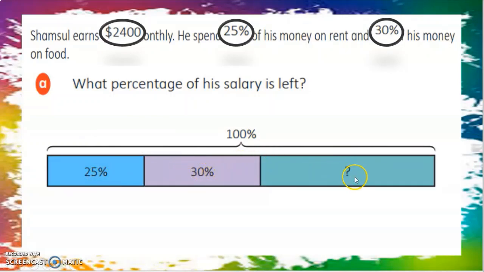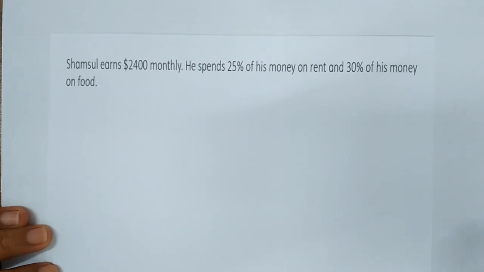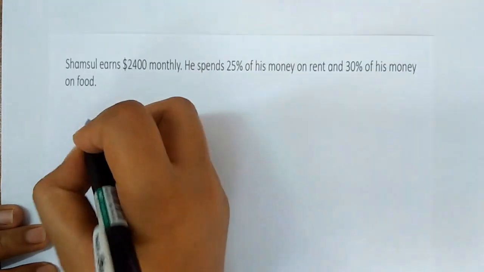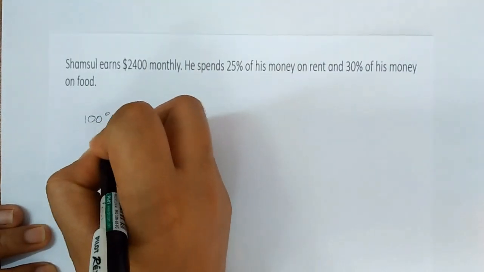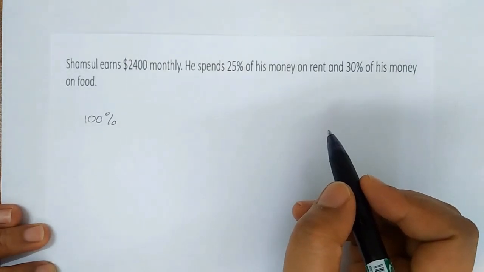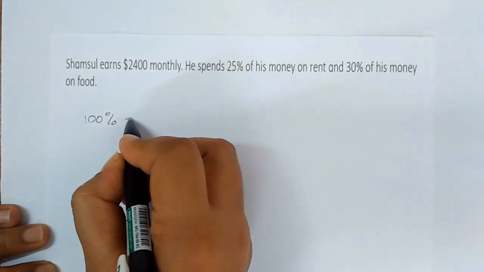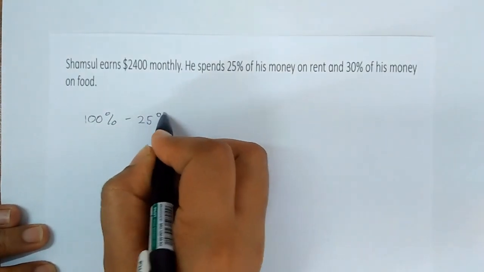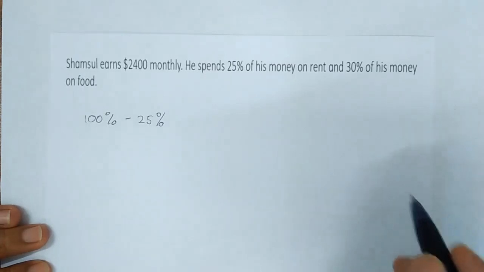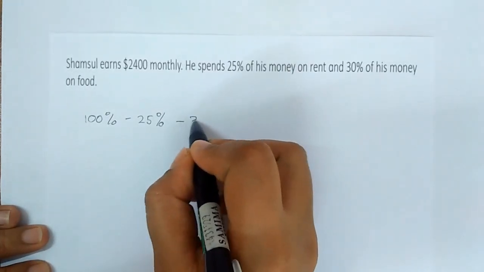So how to find the percentage of money he left? So here, we're going to find first what percentage is the money left. So the total amount of money is 100%. If he spent 25%, it means we're going to subtract 25% and spend again 30%, minus 30%.